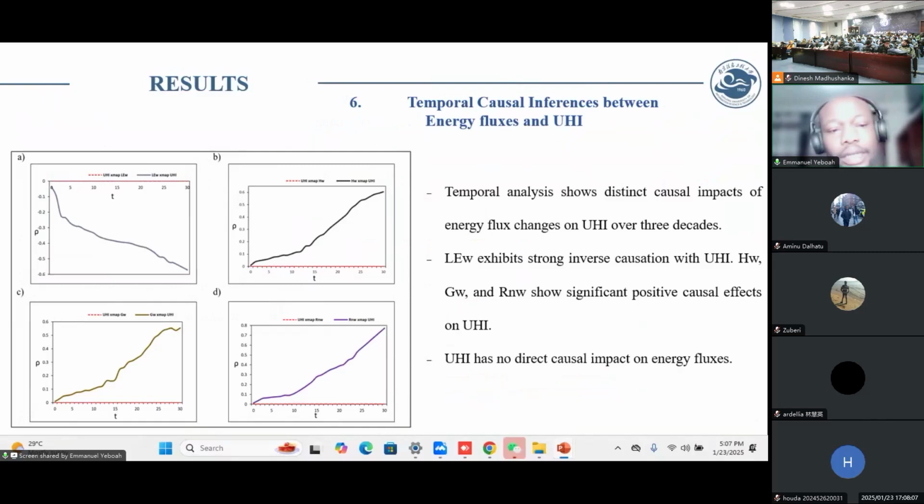And then the blue line is latent heat influencing UHI. The X mark may be the influence. That's basically the meaning. So you can see that there is a negative causation between UHI and latent heat. In this case, latent heat tends to influence UHI. Where there is latent heat, UHI tends to decrease.